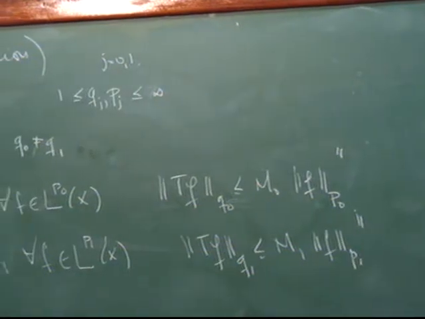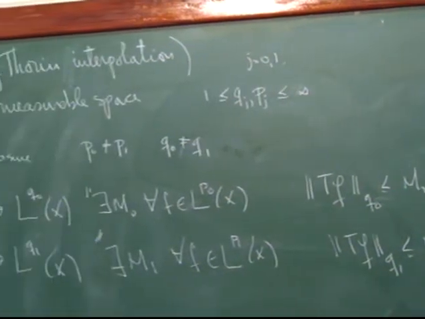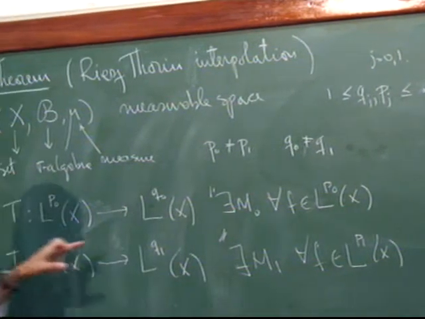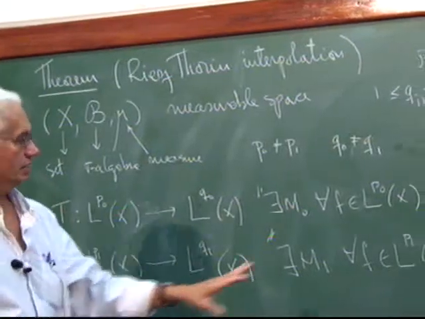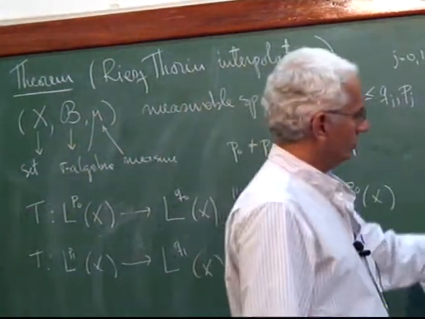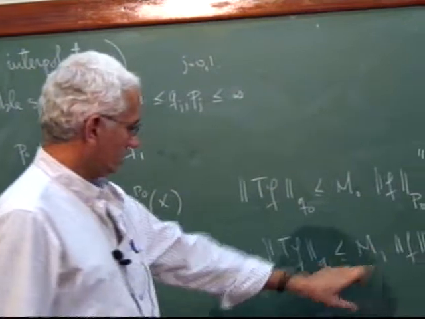Suppose that you are continuous from p0 to q0, from p1 to q1, and this is the constant that gives you the boundedness, and this is the constant that gives you the boundedness.